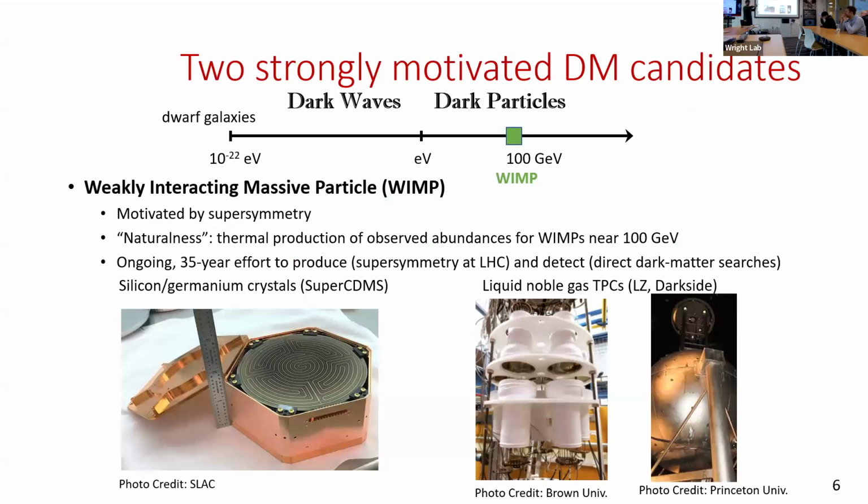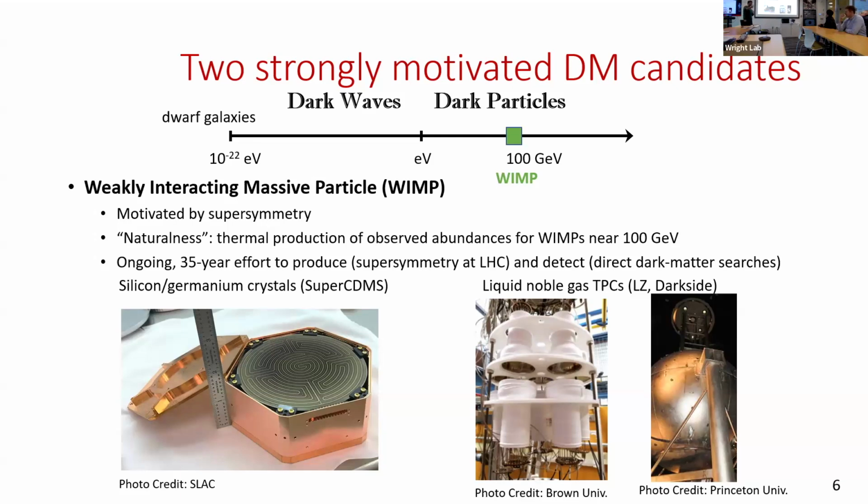So on each side of this wave-particle duality, we have a favored candidate. Up near 100 GeV, we have the weakly interacting massive particle, also known as the WIMP.